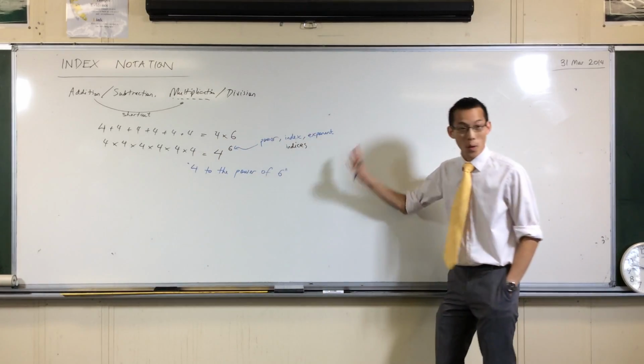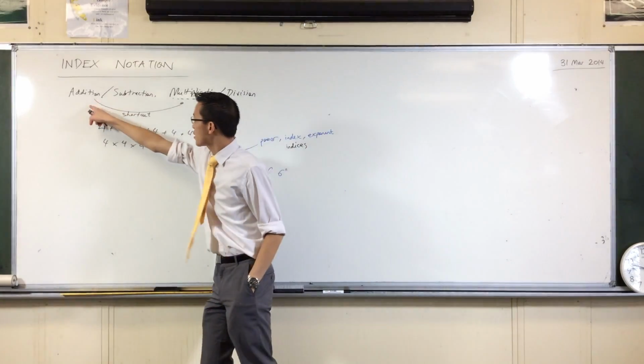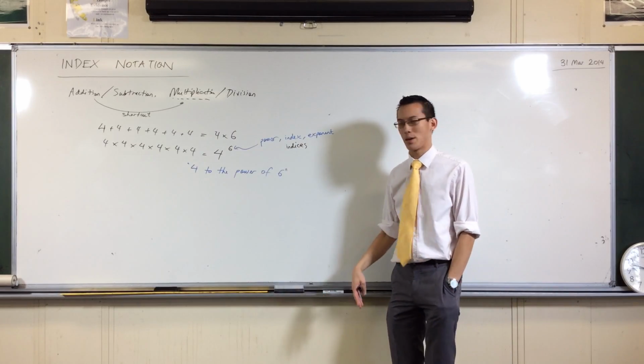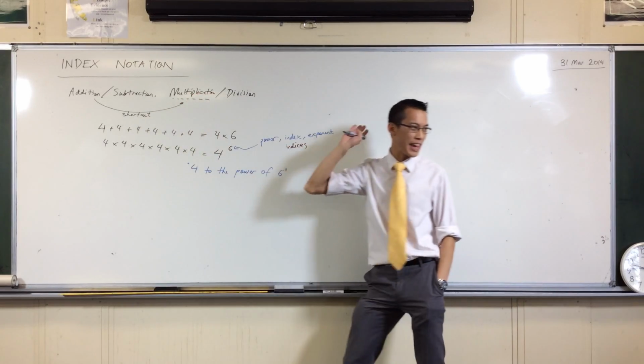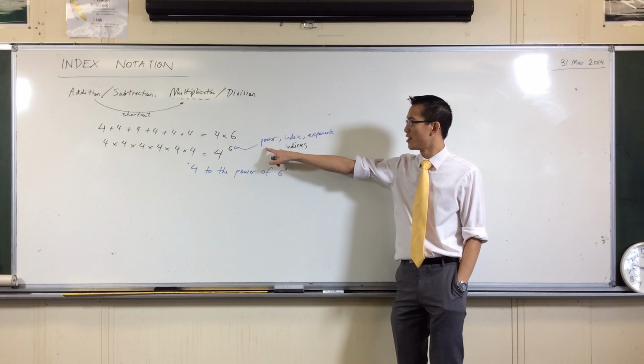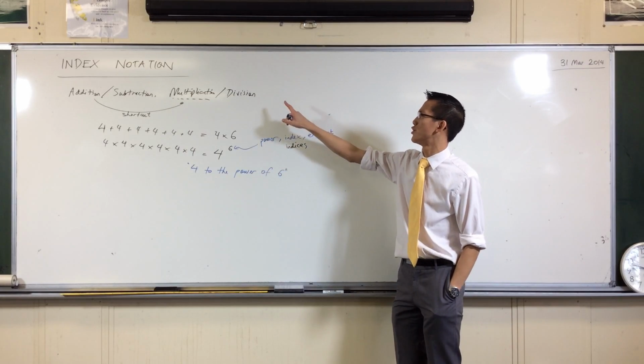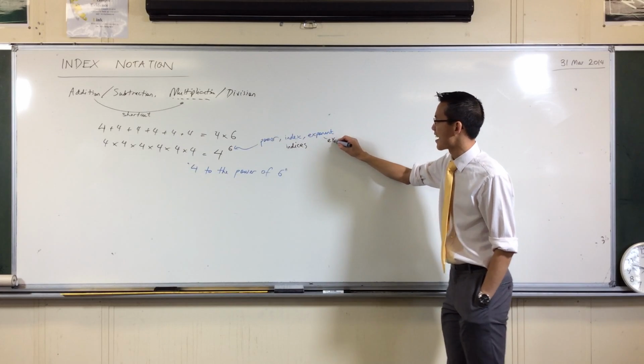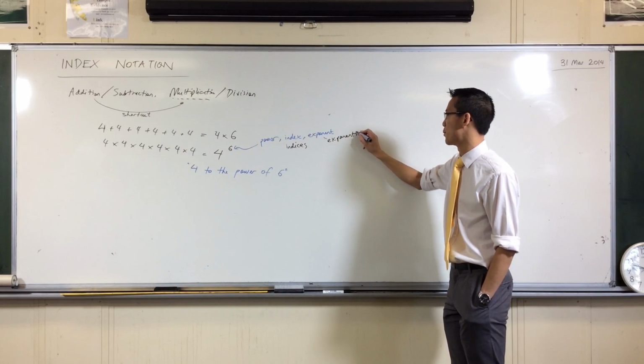One last thing. Addition, subtraction, multiplication, division. When we look at the process, we have ION on the end of all of them. Well, you don't really call it power-ion or index-tion. You call it exponentiation. Big words.